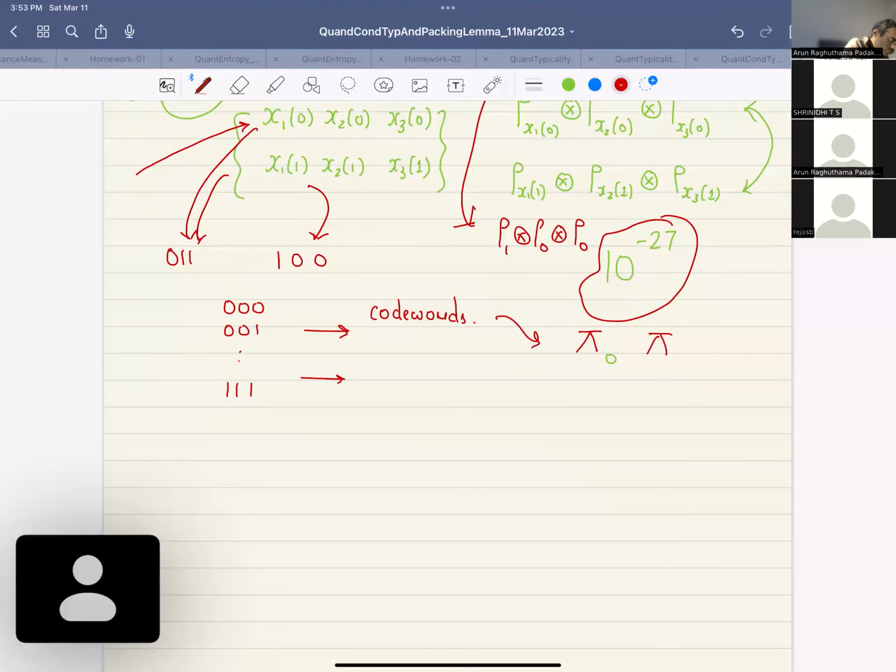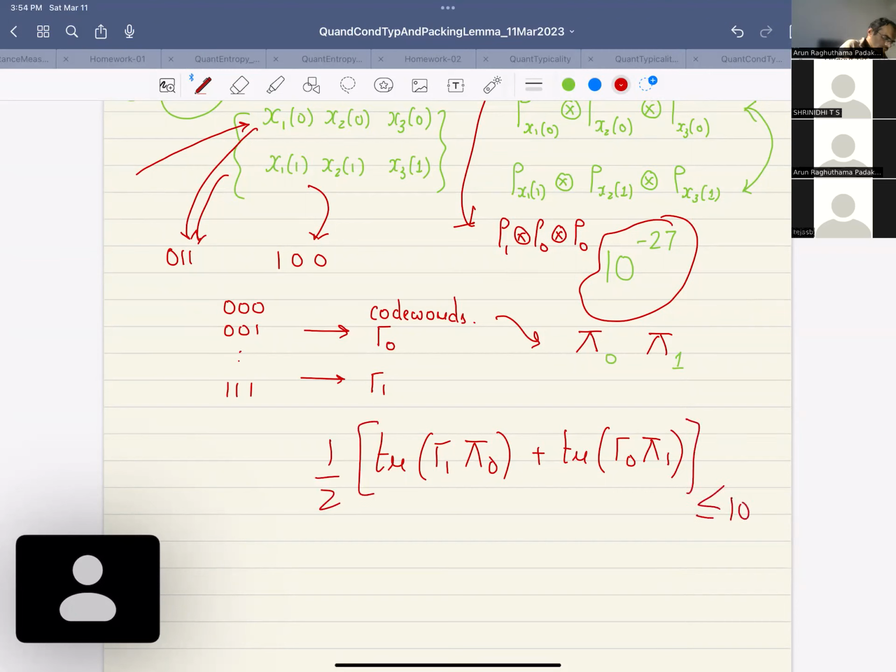If I call these gamma 0 and gamma 1, then 1/2 times trace of gamma 1 row gamma 1 pi 0 plus trace of gamma 0 pi 1 has to be less than or equal to 10 power minus 27. Correct? This is the error probability.